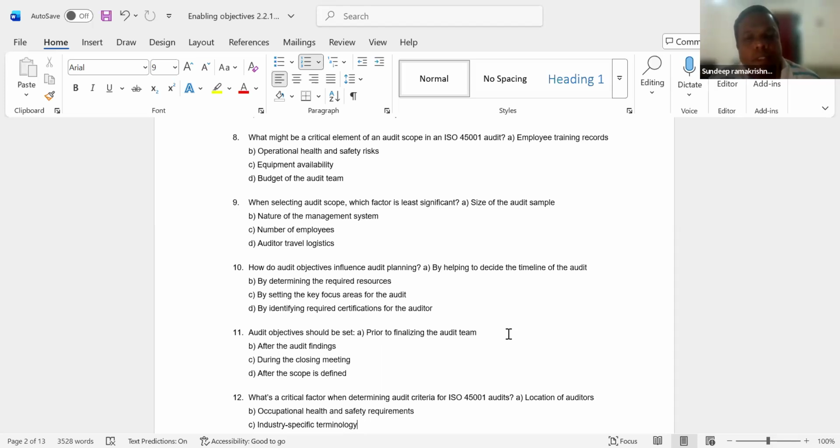After audit findings and during the closing meeting are irrelevant, so those can be eliminated. That leaves you with these two choices. Prior to finalizing the team, first the process happening, then what you want to achieve. After that, you will select or set up your team. That is the sequence in which it actually goes.